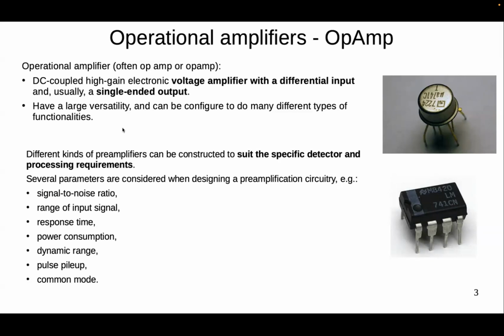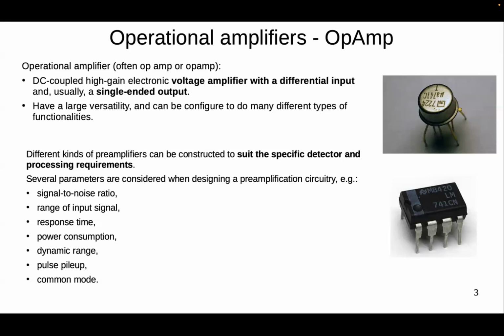One of the properties is that they are very versatile. They are relatively easy to configure compared with, for example, transistors. There are many types of functionalities for op-amps. You can design different kinds of preamplifiers to suit specific detectors and processing requirements. Basically, you adapt the signal from one detector to your electronics to later digitize.